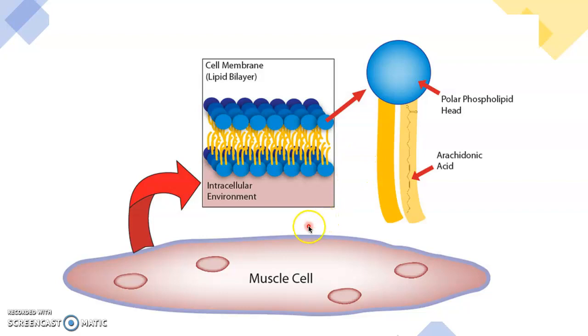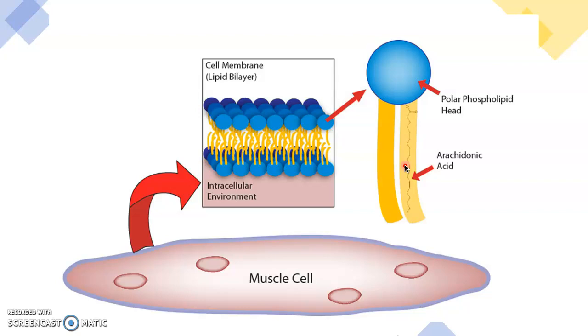So let's look at this muscle cell, and what we're doing is zooming in on the cell membrane. Like all cell membranes in the body, it's a phospholipid bilayer. You have the phosphate heads, which are charged. They have a negative charge, so they interact with the water around them. And then you have the hydrophobic long fatty acid tails, 2 for each phospholipid.